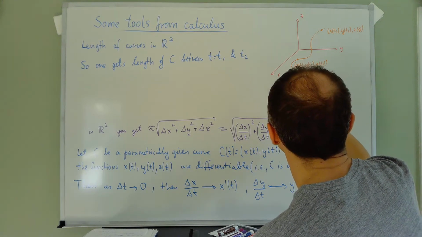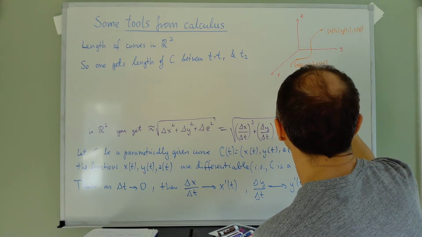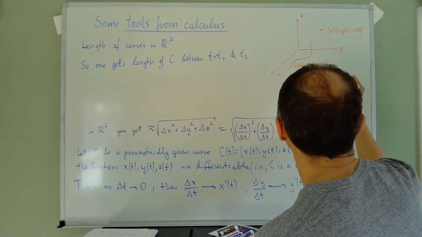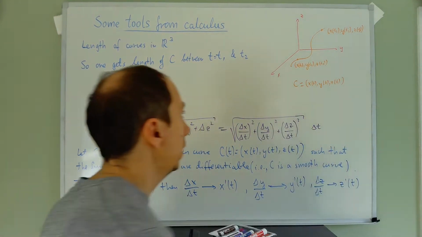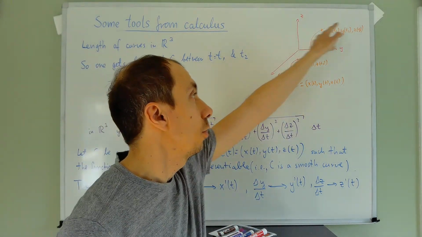So this curve C is given by x of t, y of t, z of t. So you might ask, what is the length of that piece of the curve?